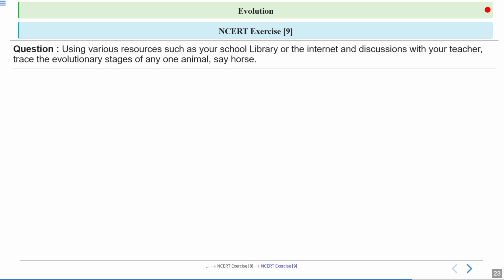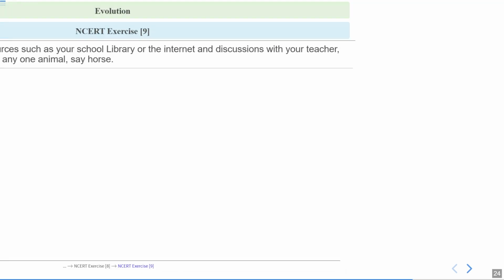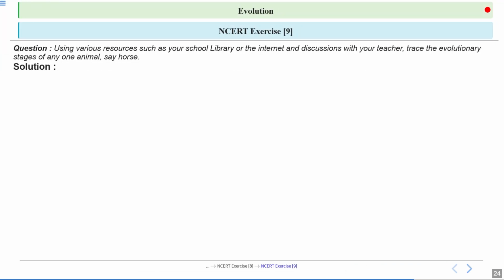So let's have a look at the answer. Let's talk about the evolution of the horse. What are the evolutionary stages? We are focusing specifically on the evolutionary stages of the horse here. So this will help you understand how species adapt and change over time.